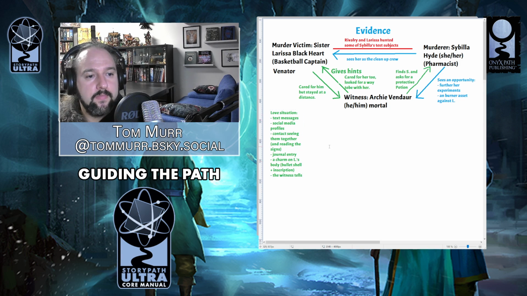Okay. I just noticed that there's still a lot more evidence that we can put in there. We just are looking at the relationship table here, or relationship net.